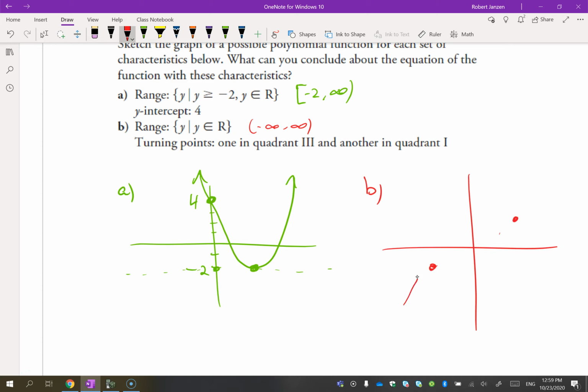Okay, so I want to be able to turn here, and I want to be able to turn here. The problem with this is it's going to have an extra turning point in there. So maybe I should go the other way. Maybe I should turn like this, and then turn like that. Turn here, and turn here. Okay, so there's a possible graph.